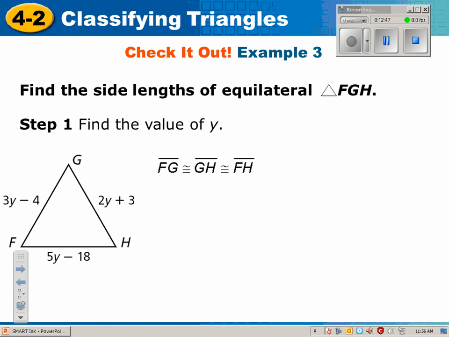Find the side lengths. Make sure you're finding the actual side lengths of the triangle, not just the value of y.